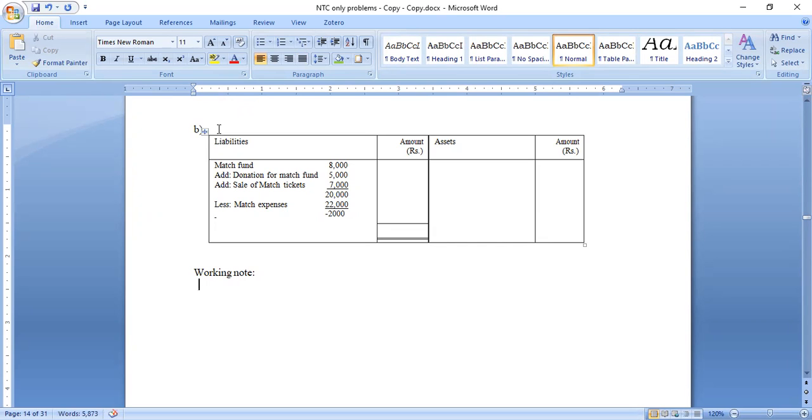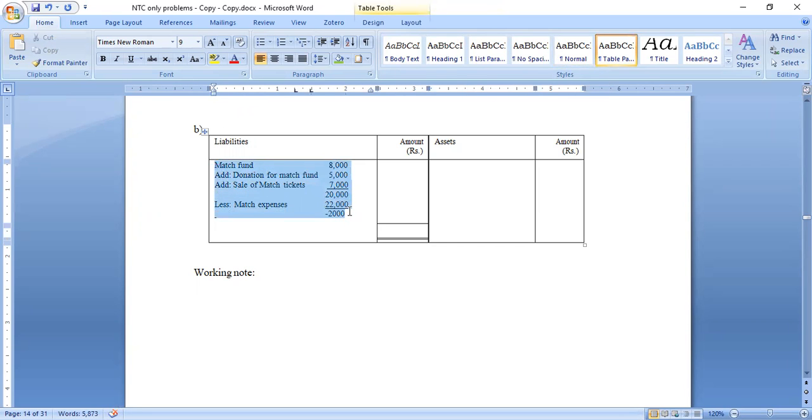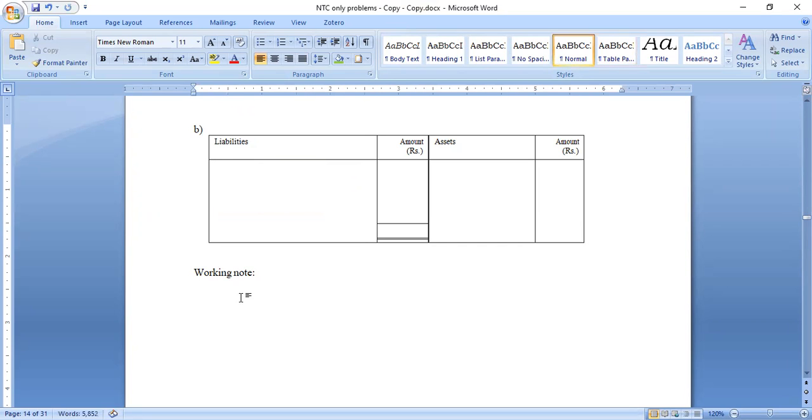Instead of directly mentioning it in the balance sheet, it is better to mention it in the working notes.